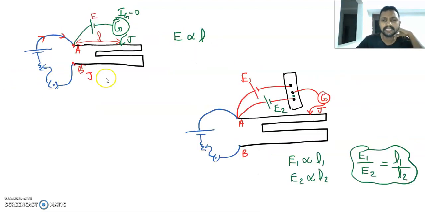And what's the basic principle of a potentiometer? The basic principle of a potentiometer is that EMF is directly proportional to balance length. What is balance length? The length from A to the jockey where the galvanometer shows zero deflection. Okay, clear?